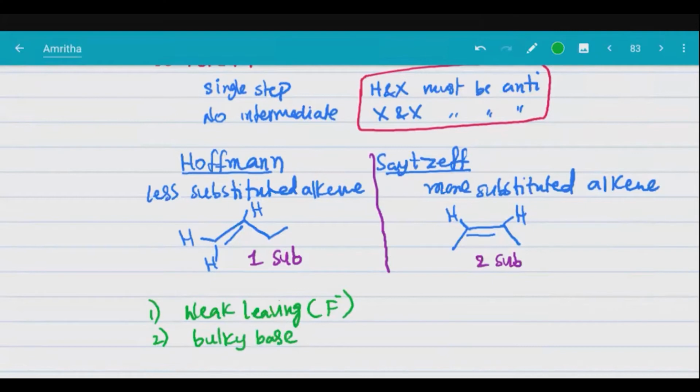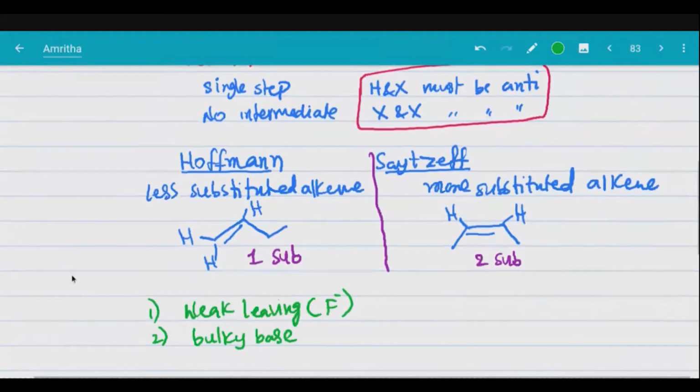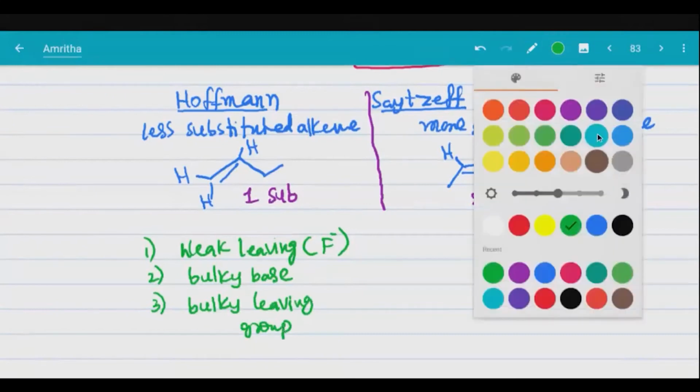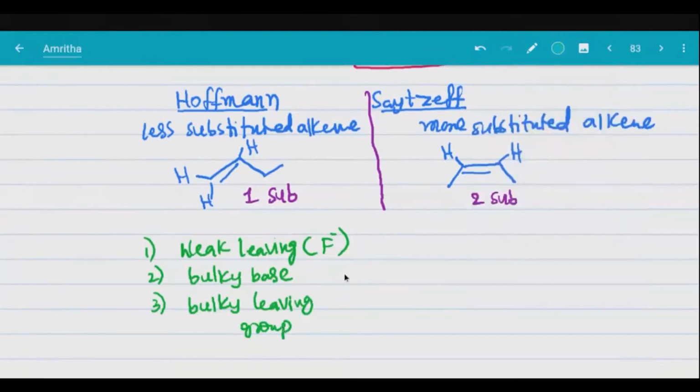If that kind of base is attacking, yes, Hofmann is major. And next, a bulky leaving group also. I'll give examples here. Bulky base is this one, tertiary butoxide, suppose. It's a very big base, 4 carbons.